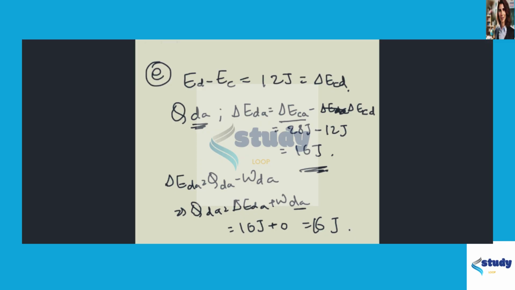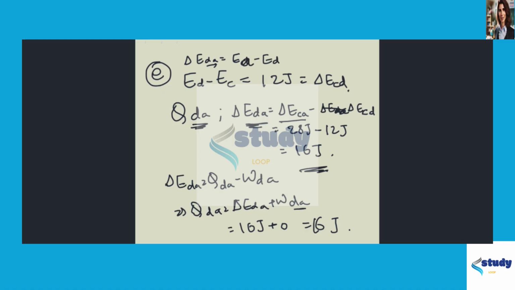Now, if you are still not convinced about this part, let's look at it again. Delta E_DA would be the system going from state D to state A. So this would be E_A minus E_D.